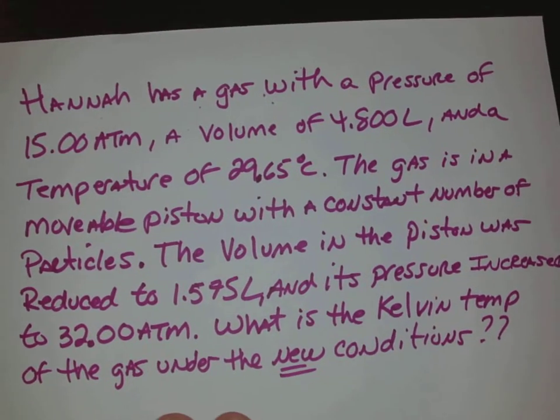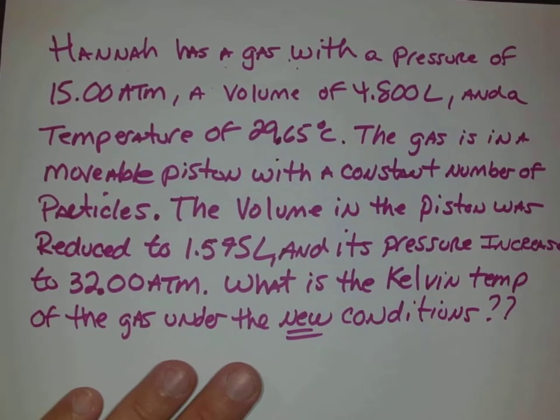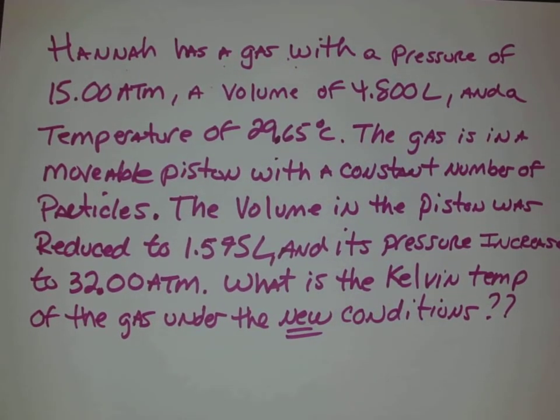Okay, so here we go. I'll read this out for you. So we have a student maybe new to chemistry. Hannah has gas with a pressure of 15 atms. Again, atm is a unit of pressure, and a volume of 4.800 liters, and a temperature of 29.65 degrees Celsius.